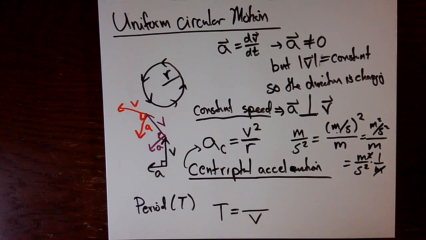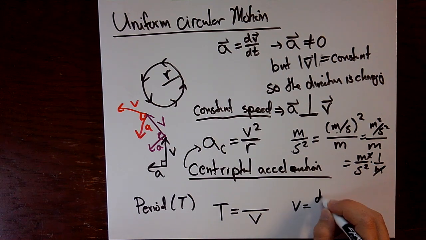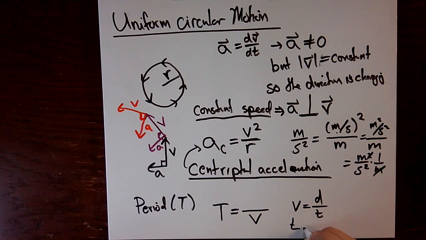We can think of velocity as distance over time, so we rearrange it to find time, which will be distance divided by velocity.